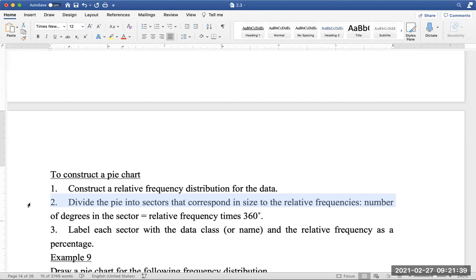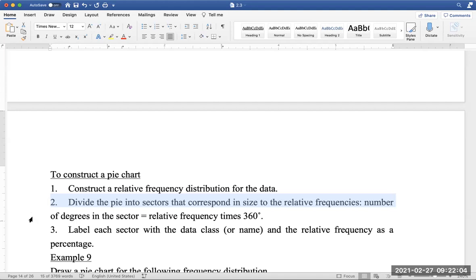In a degree, there are minutes and seconds of arc. There's 60 minutes in 1 degree and 60 seconds in 1 minute of arc.